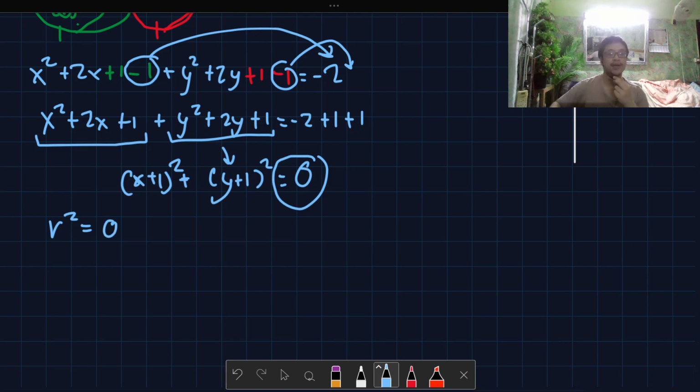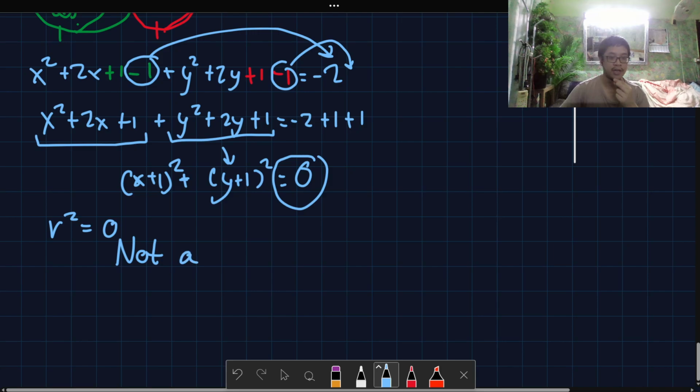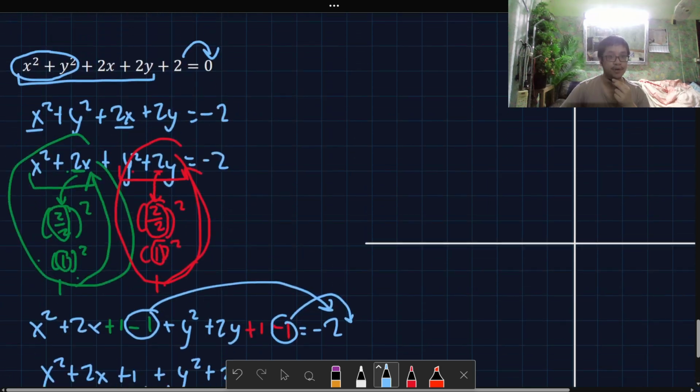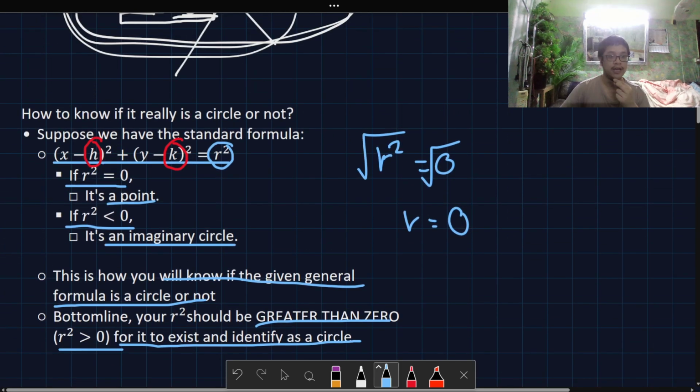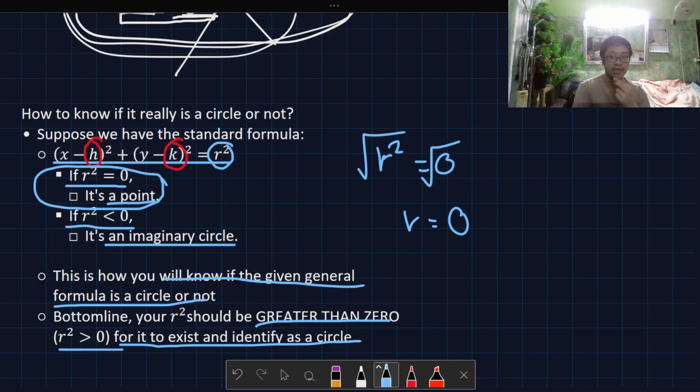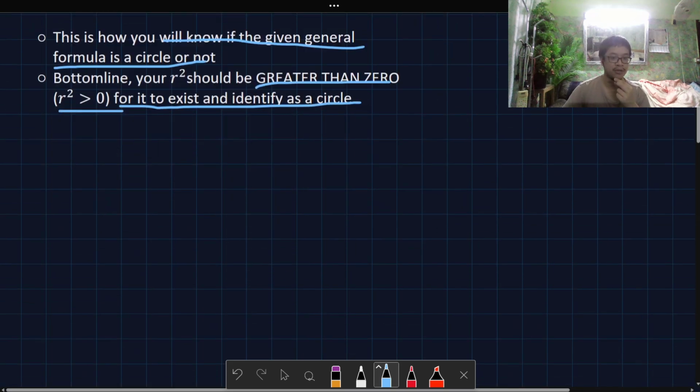Okay, what do you think? Do you think this is a circle or not? The answer is it's not a circle. Why? Because I told you earlier that if your r squared is equal to 0, then it's a point, not a circle.